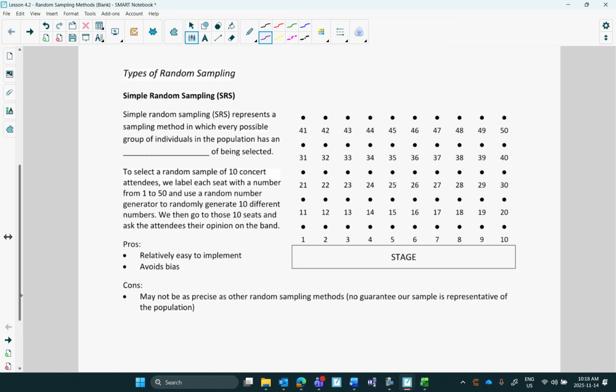So a simple random sample represents a sampling method in which every possible group of 10 individuals in the population has an equal chance of being selected. So this is where you would just go from 1 to 50, select me 5 random. So maybe you get this, and you get this, and you get this, and you get this, and you get this.